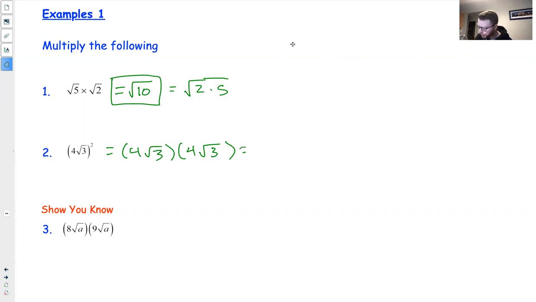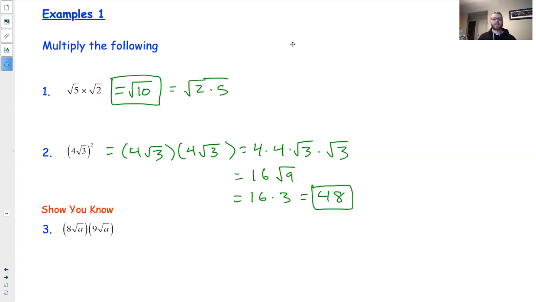So 4 times 4 times root 3 times root 3. 4 times 4 is 16. Root 3 times root 3 is root 9. And root 9 can be simplified to 3, which gives us 48. And obviously that's a fully simplified answer there.